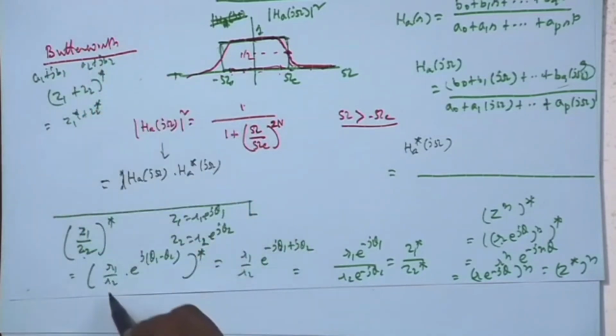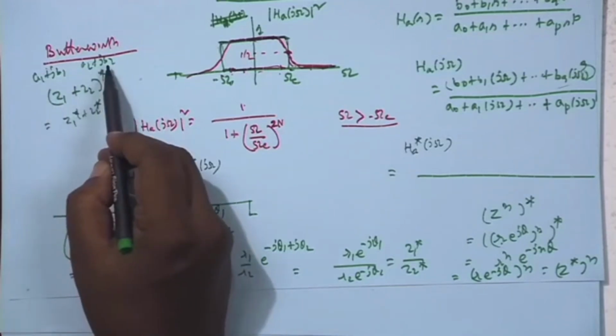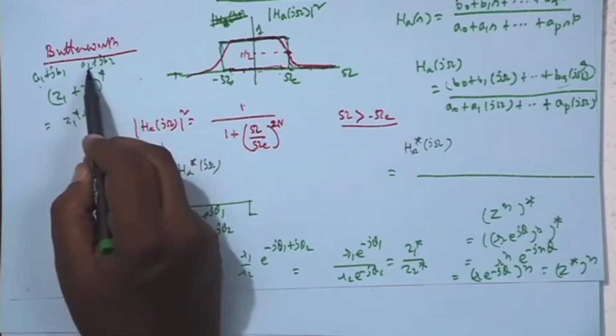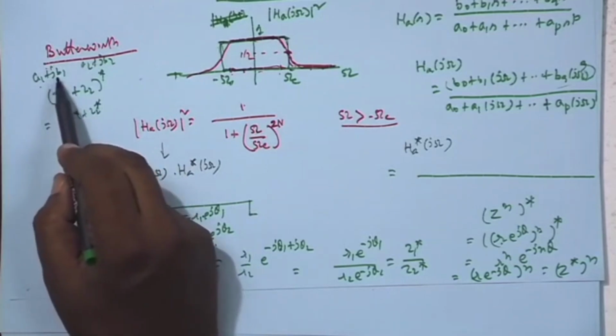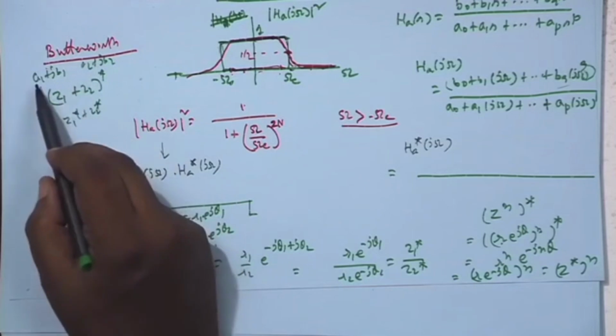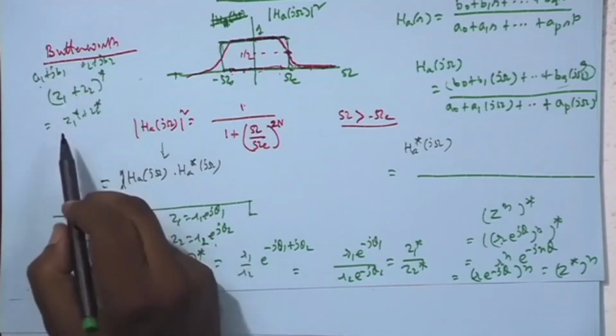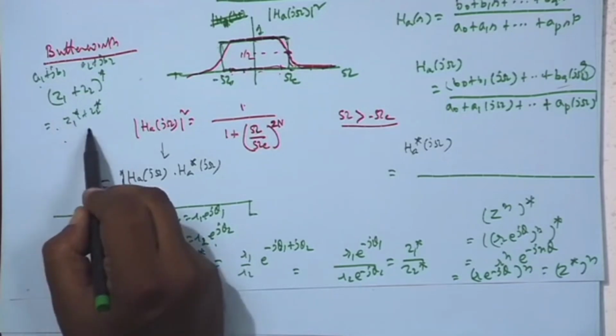Whenever you have a product or division, go for polar form. So, a1 plus jb1 plus a2 plus jb2, if you add, a1 plus a2 is the real part, j into b1 plus b2 is the imaginary part, then conjugate, so it becomes minus j within brackets b1 plus b2. You will get the same thing, a1 minus jb1 plus a2 minus jb2.